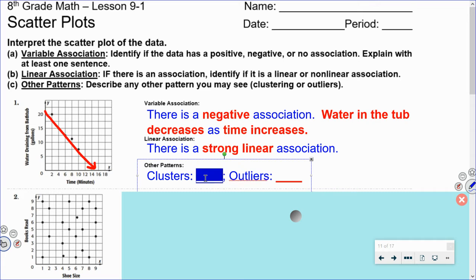As for this, I don't know about you, but for clusters, I don't see any. And outliers, I also don't see any points that appear not to fit. So you may write none, you may write NA for not applicable. And so now we have described the relationship between water from the bathtub and the time as it passes by.